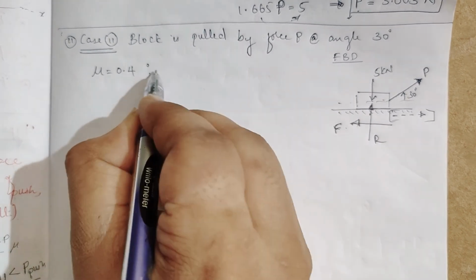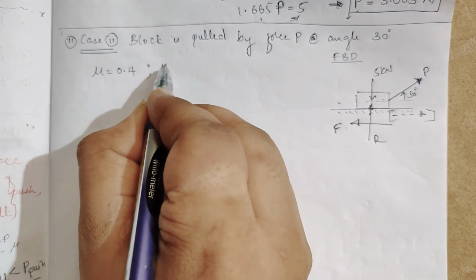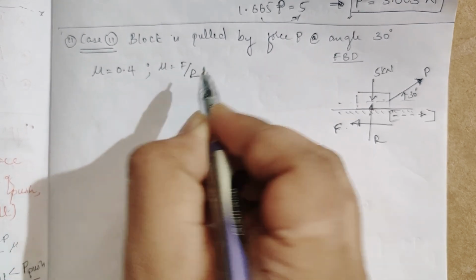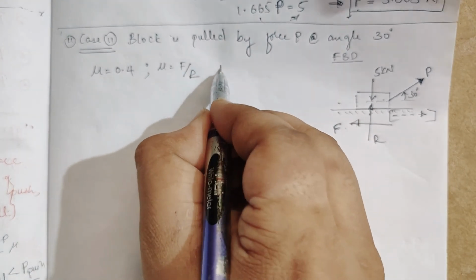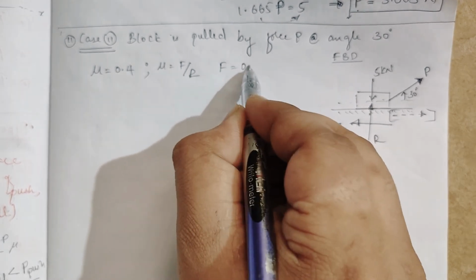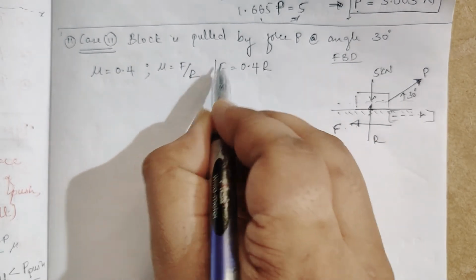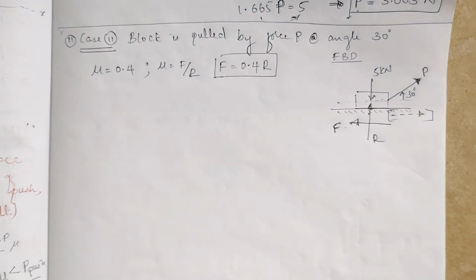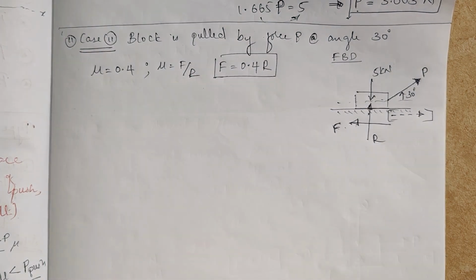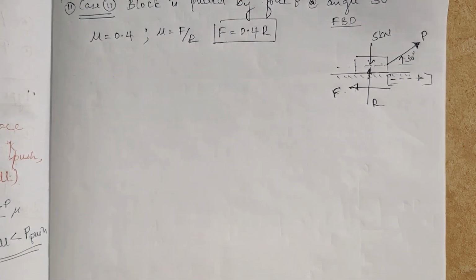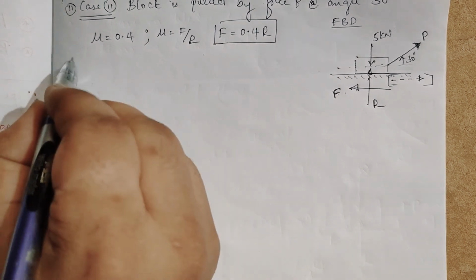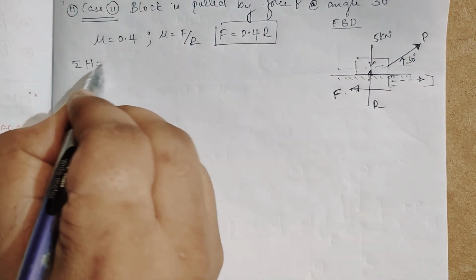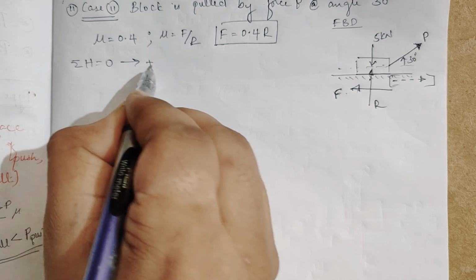Therefore mu is equal to F by R, so F is equal to 0.4 into R. Now we will resolve it. That is sigma H equal to 0, taking left to right as positive.